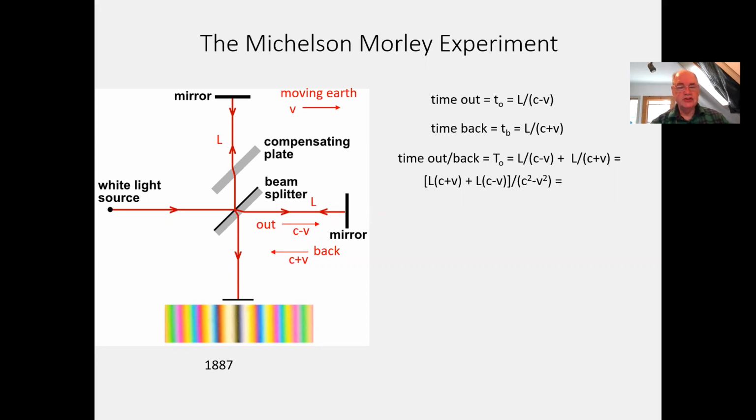We multiply the L's through, the LV and the minus LV cancel out, and we wind up with a numerator of 2LC over the c squared minus v squared. So that would be the time, theoretically, if all this physics is correct, that would be the time out to the mirror and back. 2LC over c squared minus v squared.